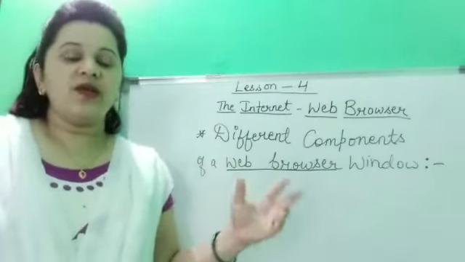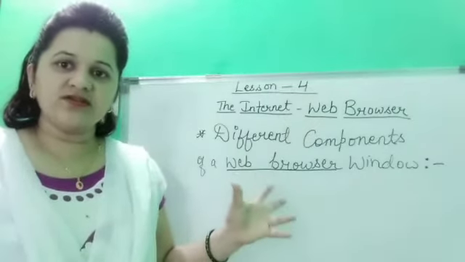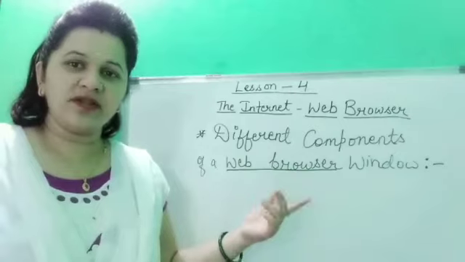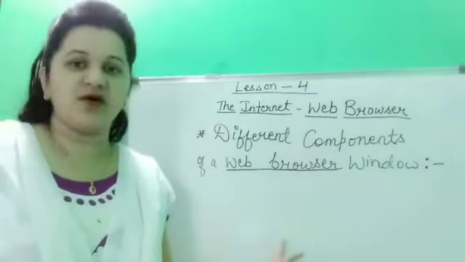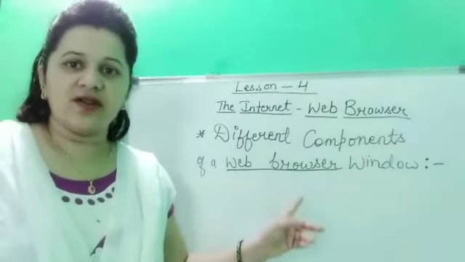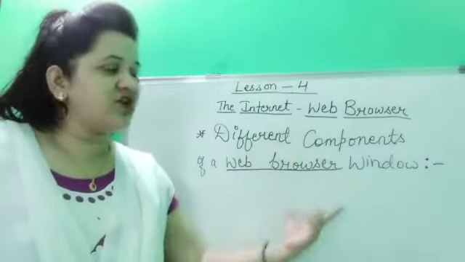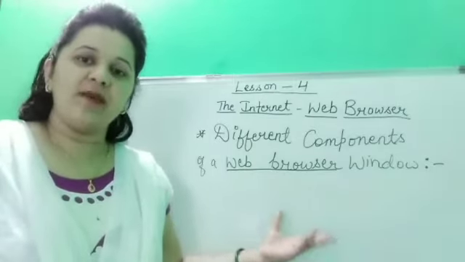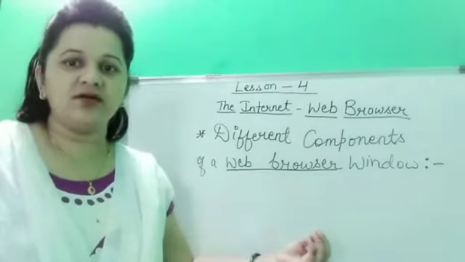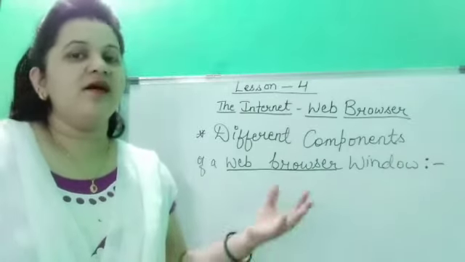So now we'll discuss some components of the web browsers. Now what are the components? Components are like the tools or the buttons which are present on the web browser window. When we open any web browser, the window which appears has some tools and some buttons. We'll discuss those tools and buttons, and also their functions.